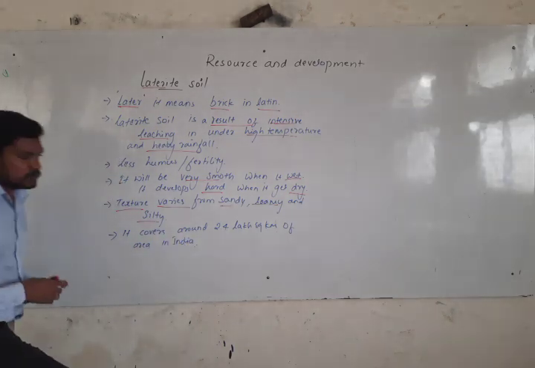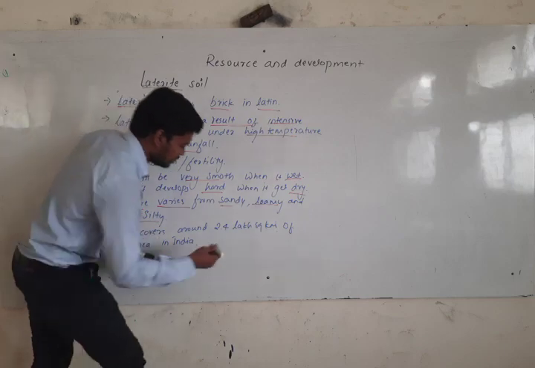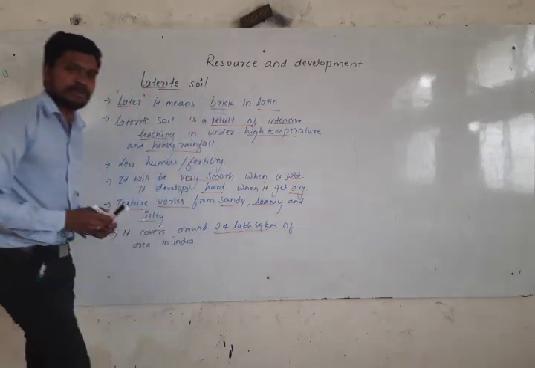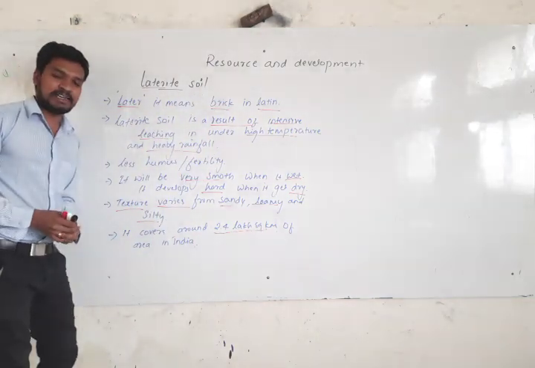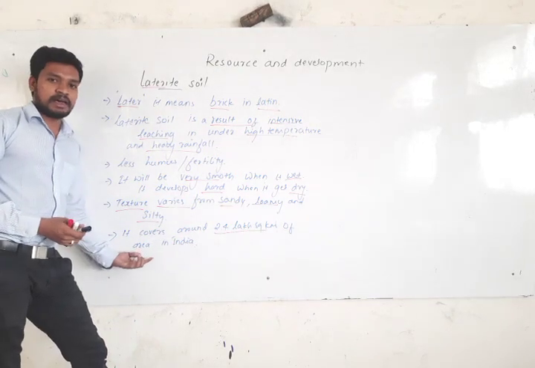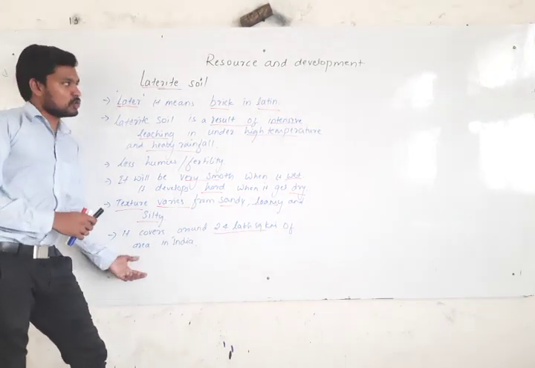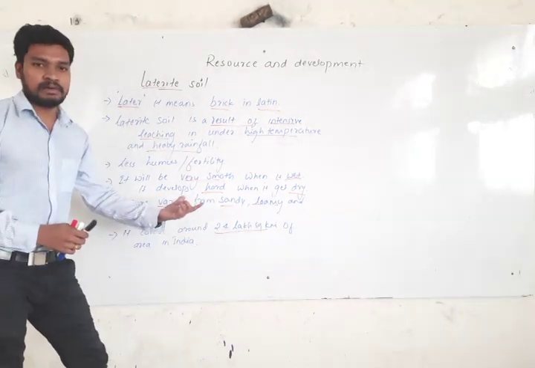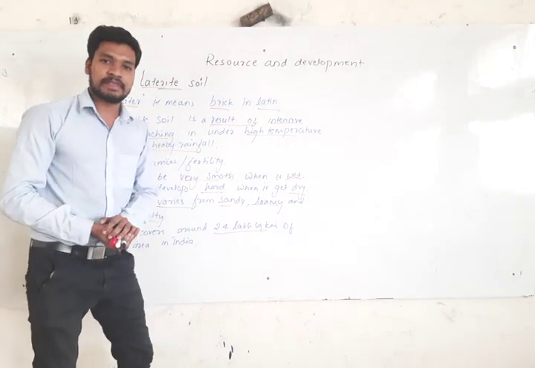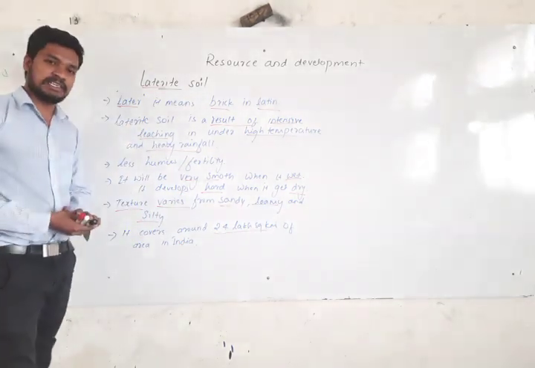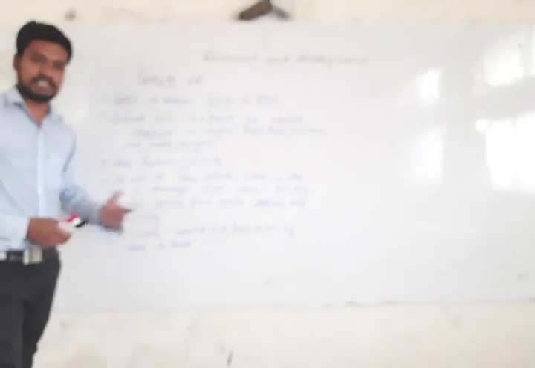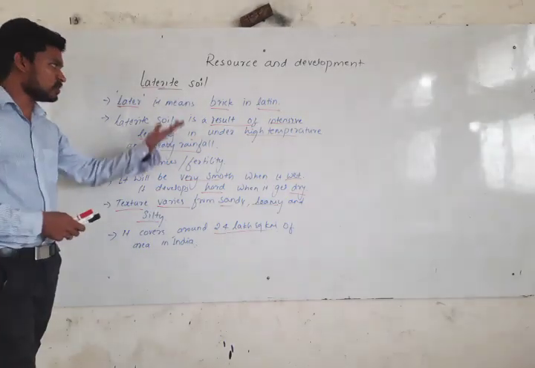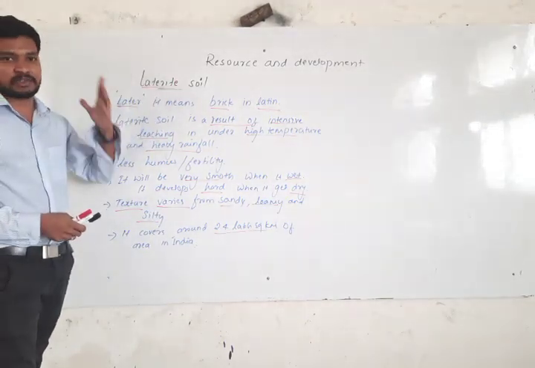The important crops which we grow in this soil are wheat, barley, and jowar, and some vegetables and fruits can be grown in this laterite soil by providing irrigation facilities, agriculture facilities, and chemical fertilizers and pesticides. By using all those things, we can grow good crops in these laterite soils.